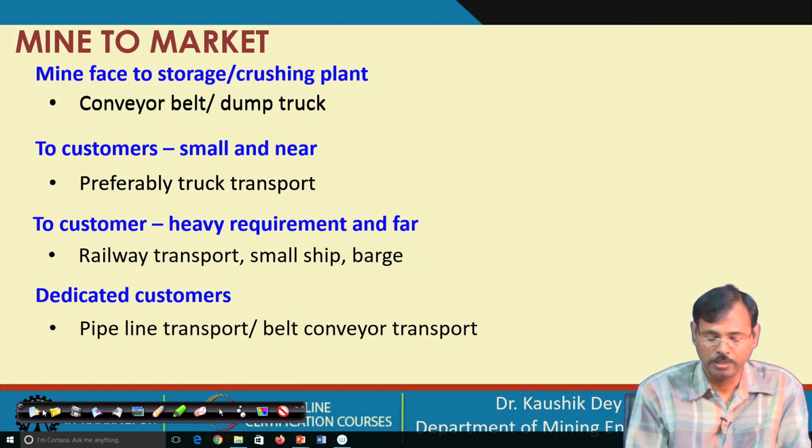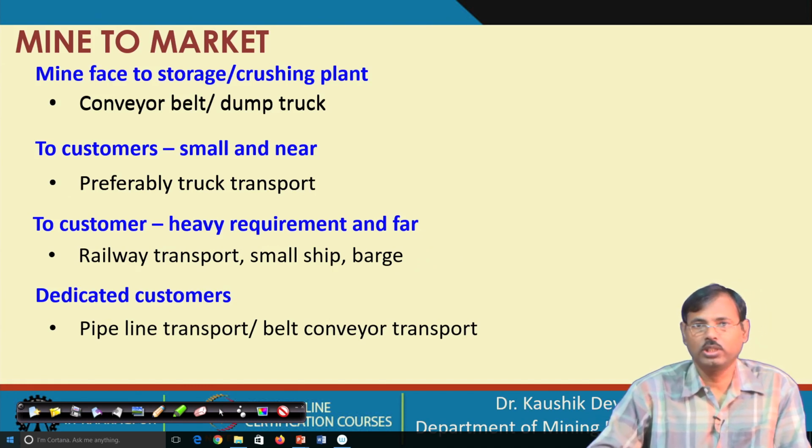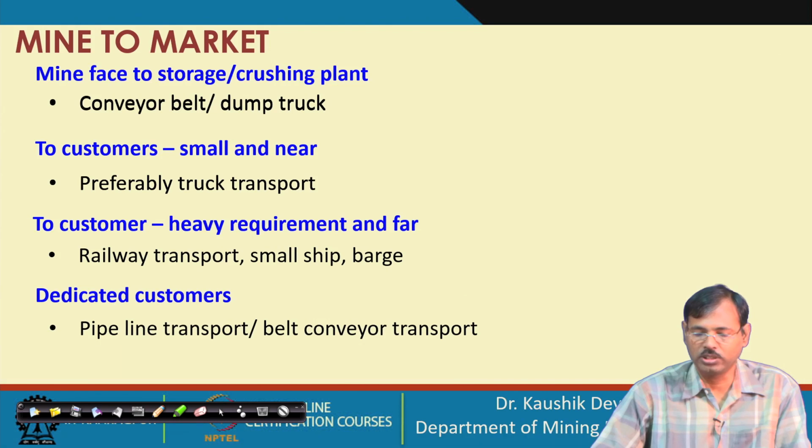So, that may be the possibility, and that is why this is very important. Sometimes rakes are available, but the tracks are heavily loaded. Once it is loaded, it takes a long time to reach the destination. So, these are the problems, and they are very important and should be considered while the decision of the inland transportation system is made.